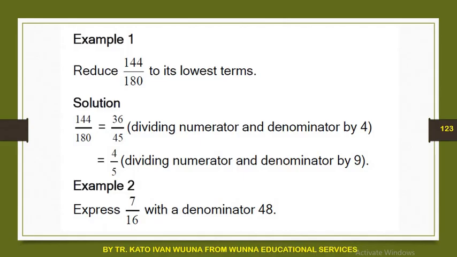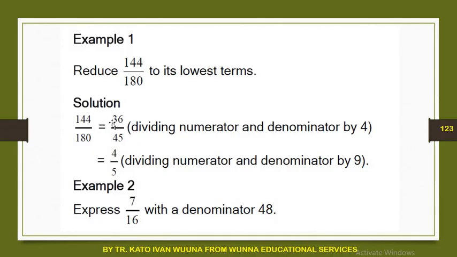For instance, if we divide 144 by 4, we get 36. We are dividing 144 by 4. If you have a calculator, you can try it out. 144 by 4, we shall get 36. Then when we divide 180 by 4, we get 45. So we are reducing by 4 at first.